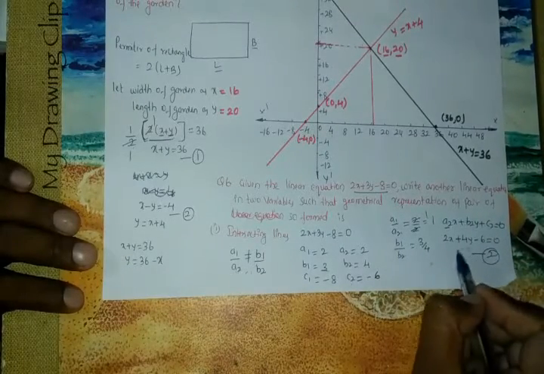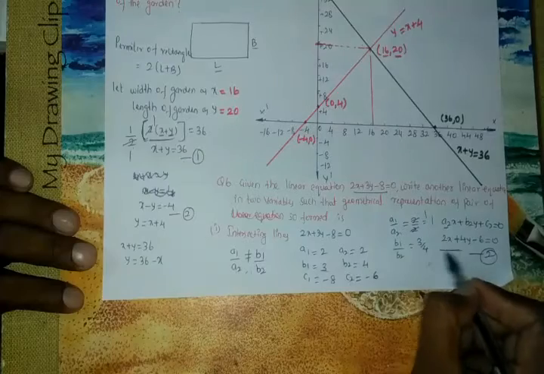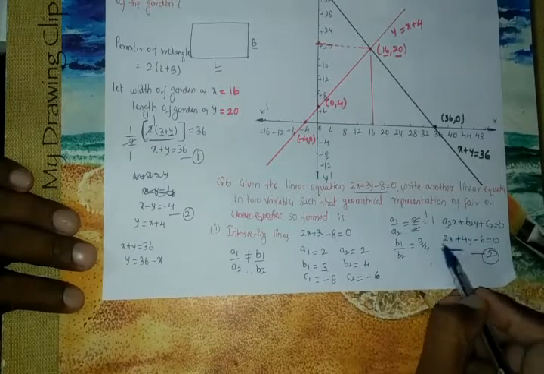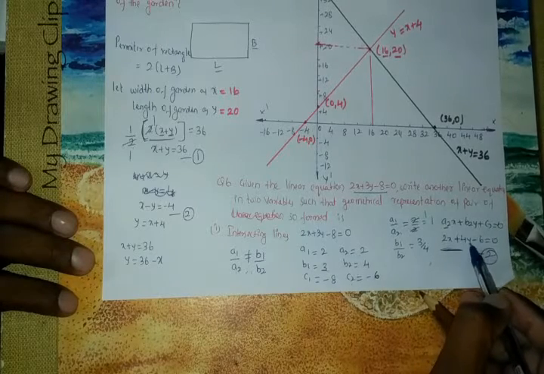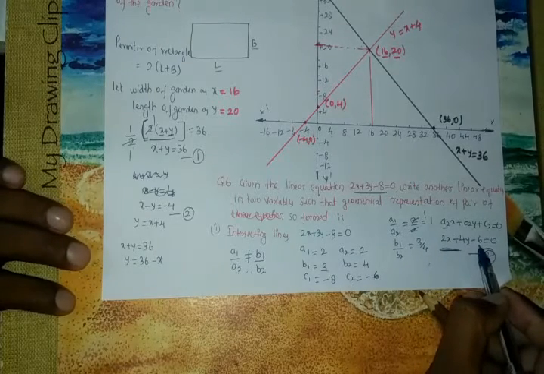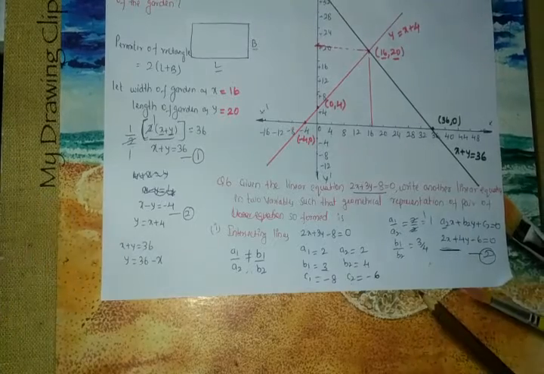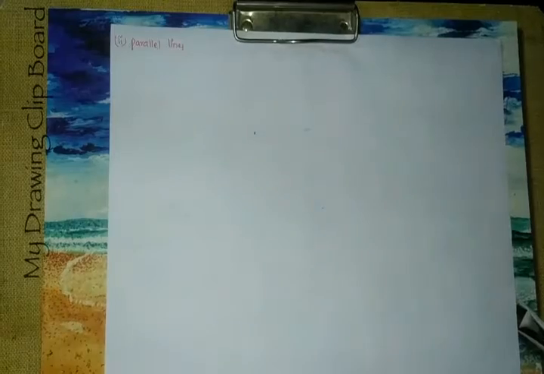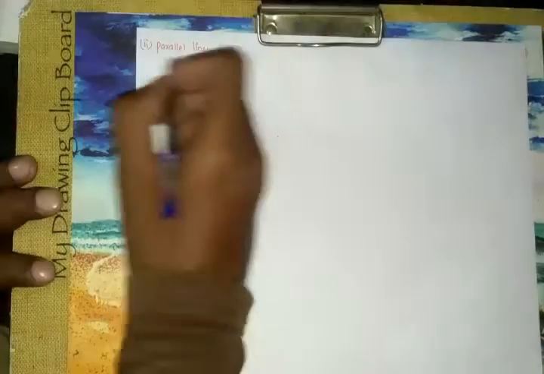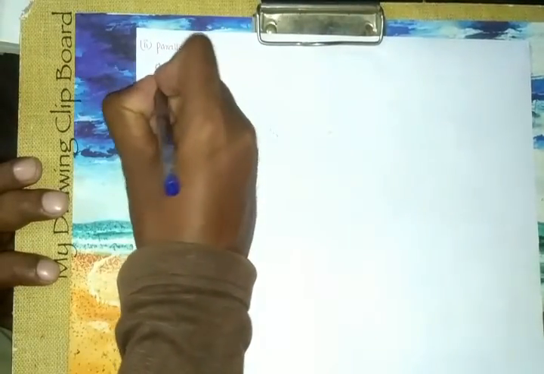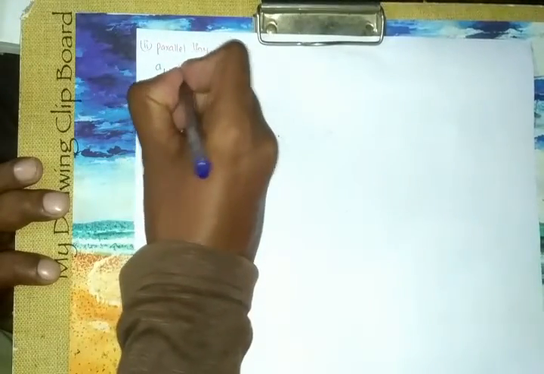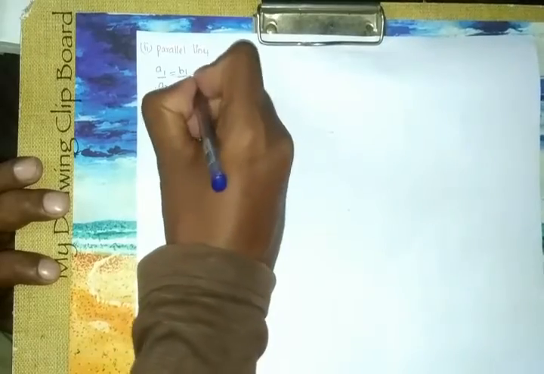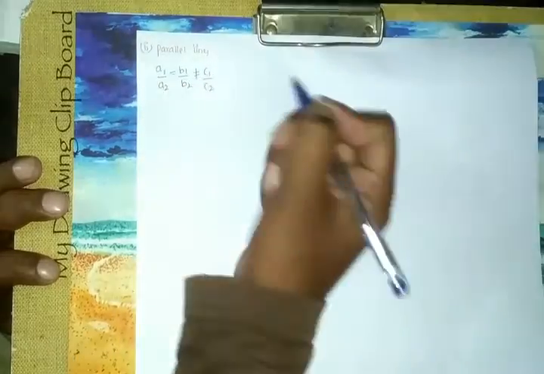It is not necessary that you should get the same equation. Okay, it may be any other component of x or component of y, or any other constant value. Okay, for parallel lines I know that the ratios a1 by a2 equals b1 by b2 and not equals to c1 by c2.